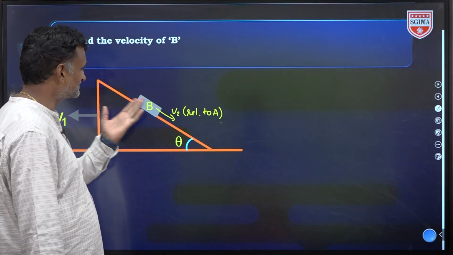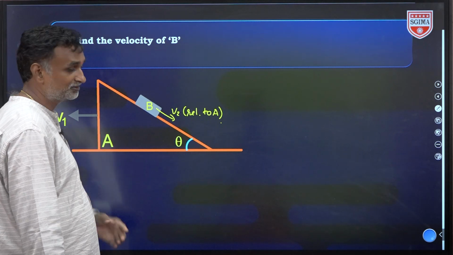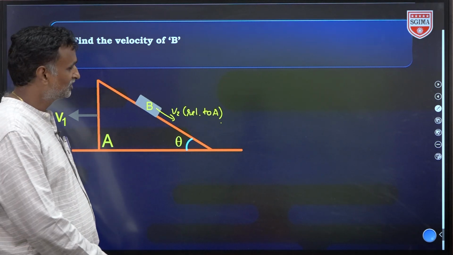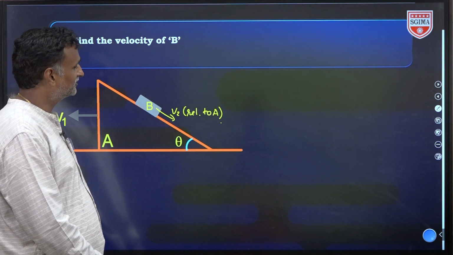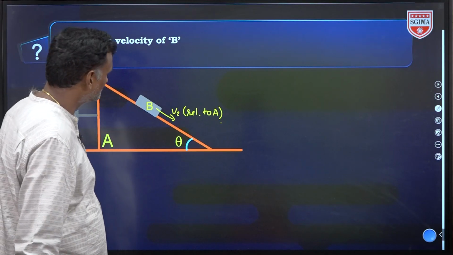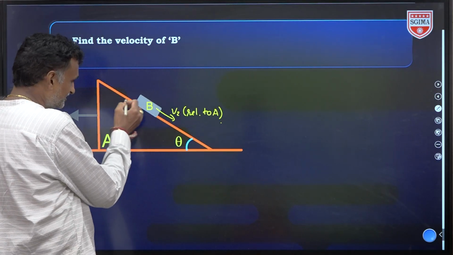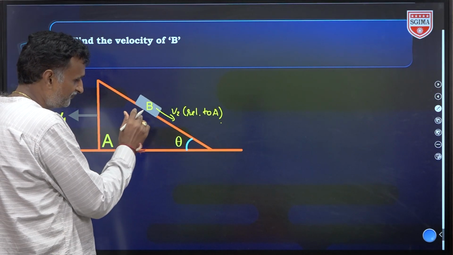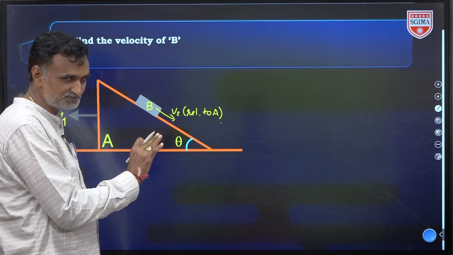Then what is the velocity with which it falls with respect to the ground? We need to find it out. To find this, we need to take the concept that one velocity it is having, so the frame will make a difference.